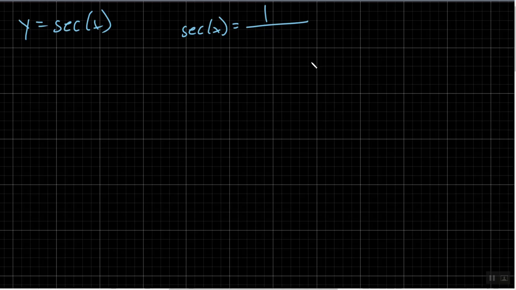Reciprocal means I'm just flipping it over. Like frequency is the reciprocal of period because frequency is 1 over P. I'm just putting P in the denominator, putting a 1 up top. P is period.